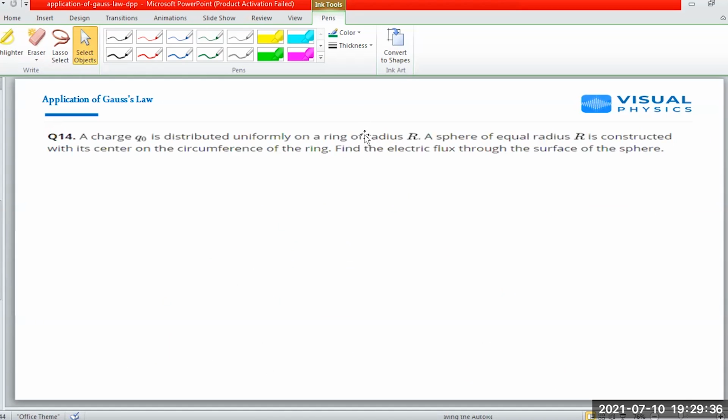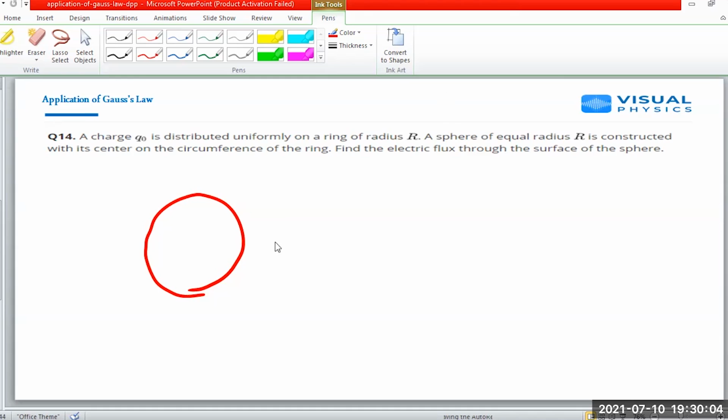Question number 14. A charge Q0 is uniformly distributed on a ring of radius R. Superposition principle applied by Naveen, and that is very correct.